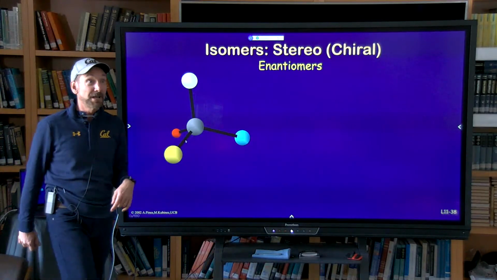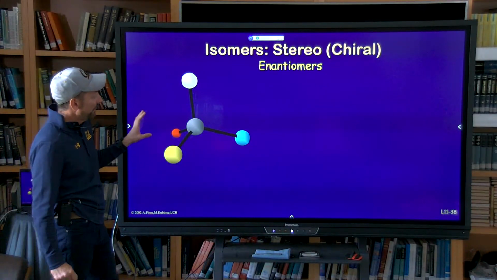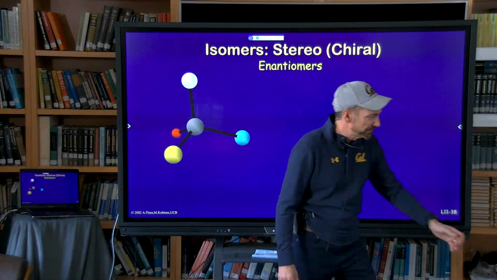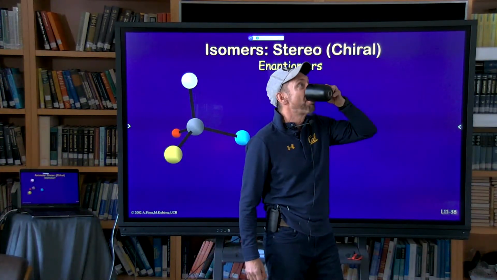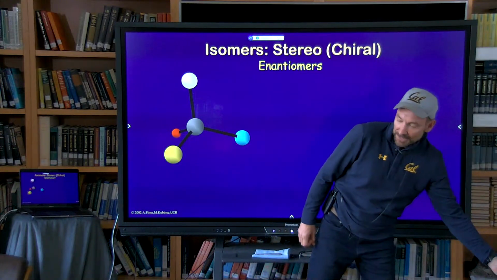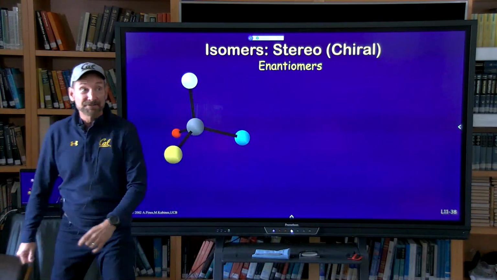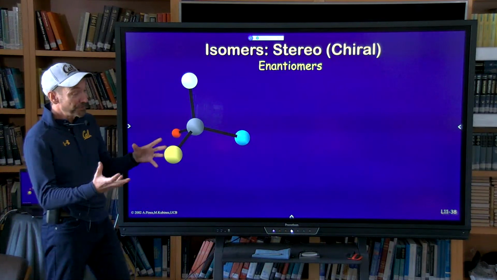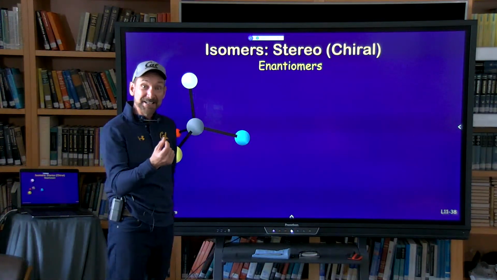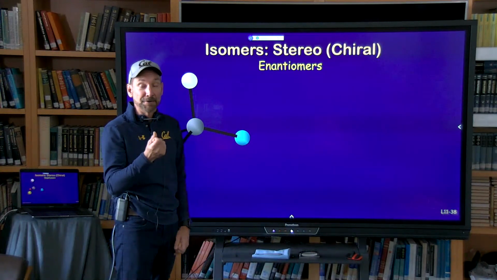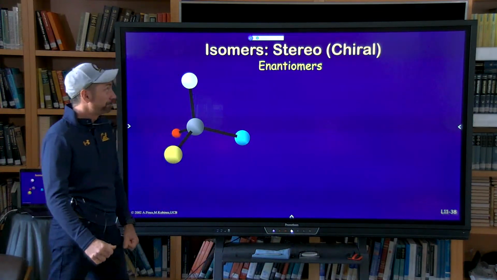Now, there's a special kind of isomerism. We're not going to belabor this too much in Chem 1, but it's so important that I have to tell you about it. You can have a special kind of stereoisomer. So stereoisomer, all the attachments to all the atoms is the same, yet it has a different steric arrangement. You can detect a different steric arrangement.